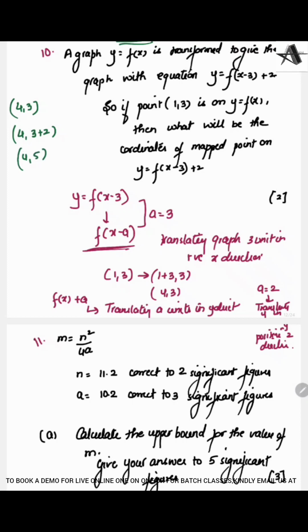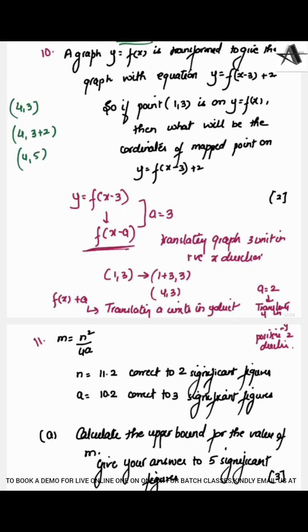Let me explain it once again. If your equation is in the form f(x minus a), inside the bracket, that means a is the amount by which you're translating only your x coordinates. Comparing, I'll get a as 3.